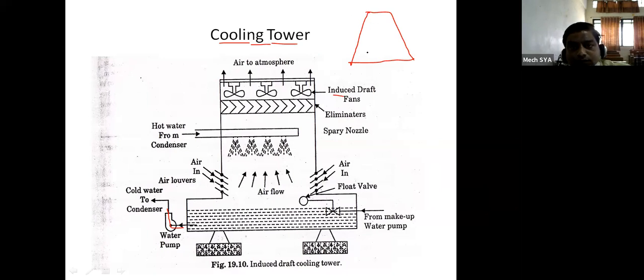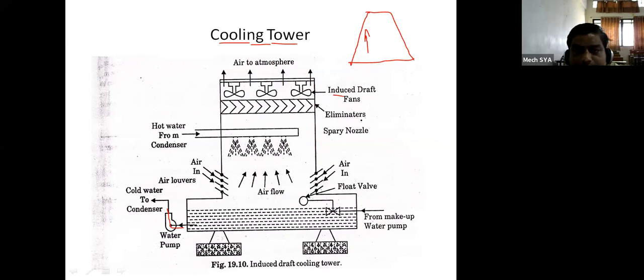Because if air is flowing in this direction, the area available for flow decreases and velocity increases. To increase the kinetic energy and velocity of the air, we use this hyperbolic cooling tower. At the bottom the width is much more, at the top the width is less. Eliminators are there, and this will be the cooling tower.